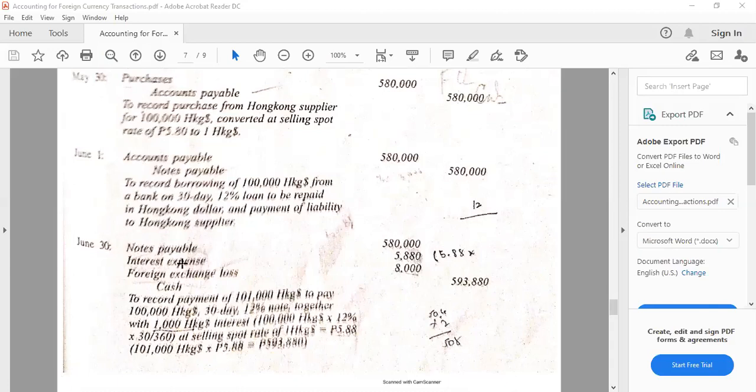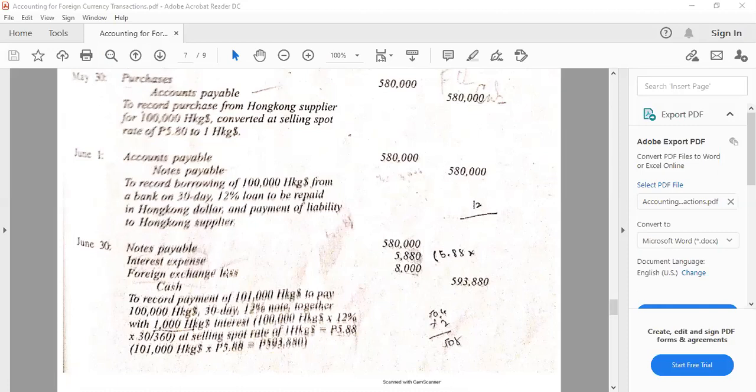So 30 days, then the rate is 12%. All right. So that's how we get 5,880 as the interest expense.